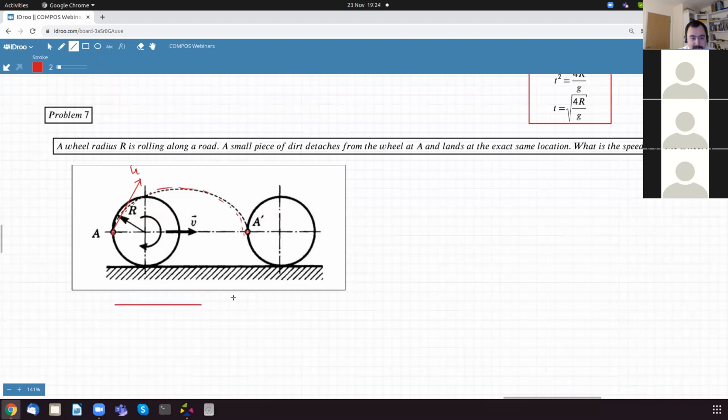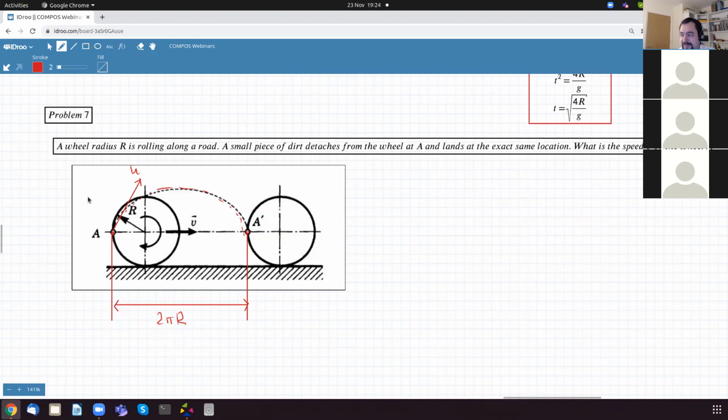Now, because this lands in the same location, the wheel has made one whole rotation. So it has traveled a distance of 2 pi r. But wait a minute, who said it makes one full rotation?